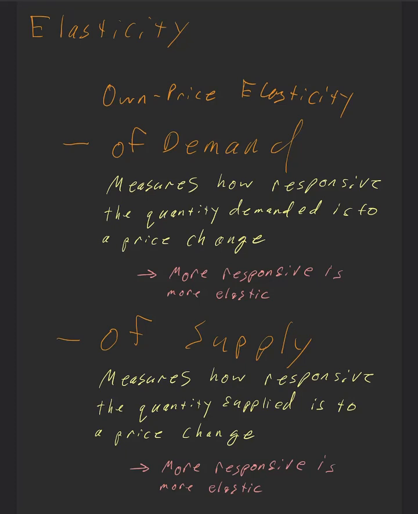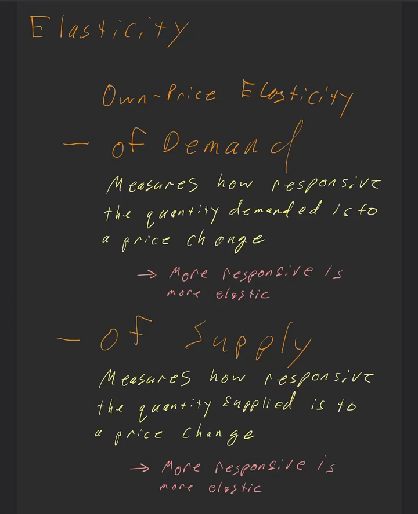We're going to talk both about the elasticity of demand and about the elasticity of supply. So elasticity of demand measures how responsive the quantity demanded is to a price change. More responsive then is more elastic. Similarly, elasticity of supply measures how responsive the quantity supplied is to a price change. More responsive, again, is more elastic.